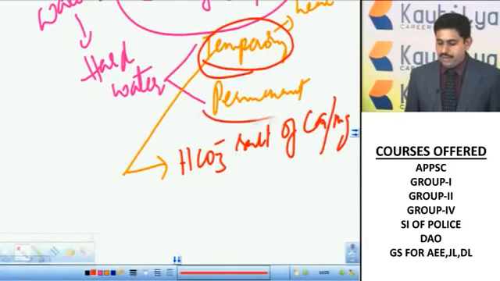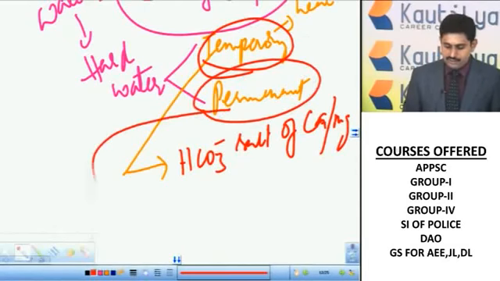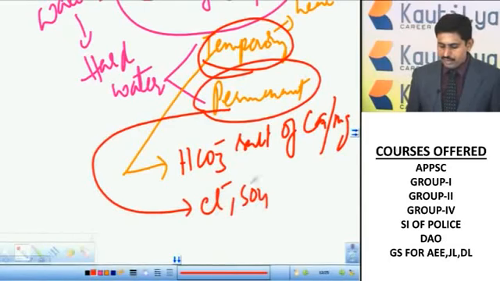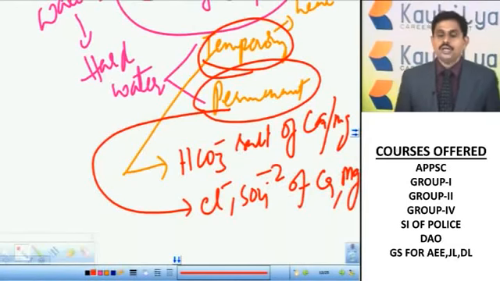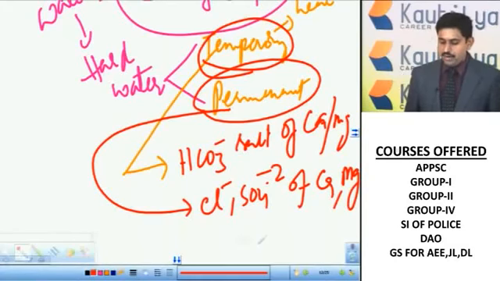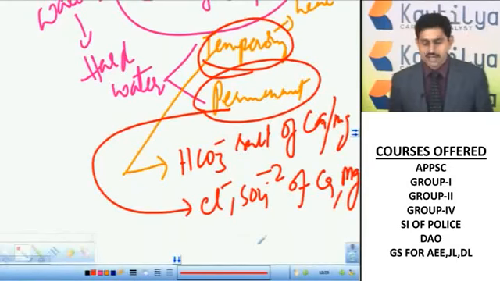Whereas permanent hardness means the given water is made up of chlorides and sulfates of calcium and magnesium. Such water is called permanent hard water. The hardness of this water cannot be removed by simple heating or boiling.